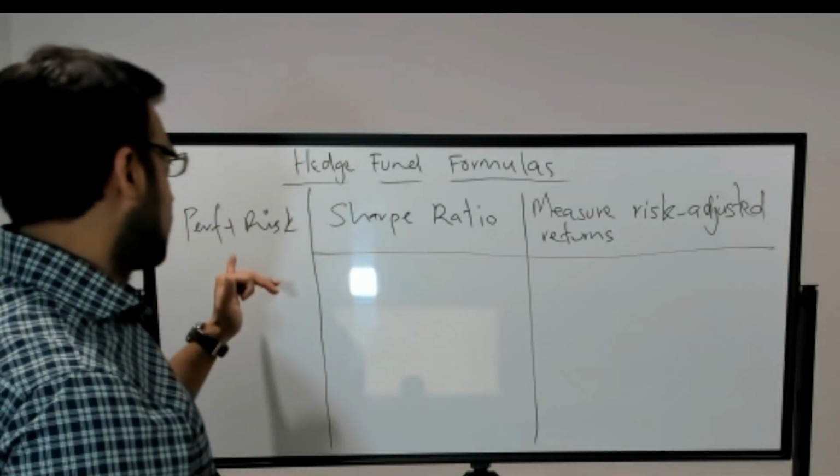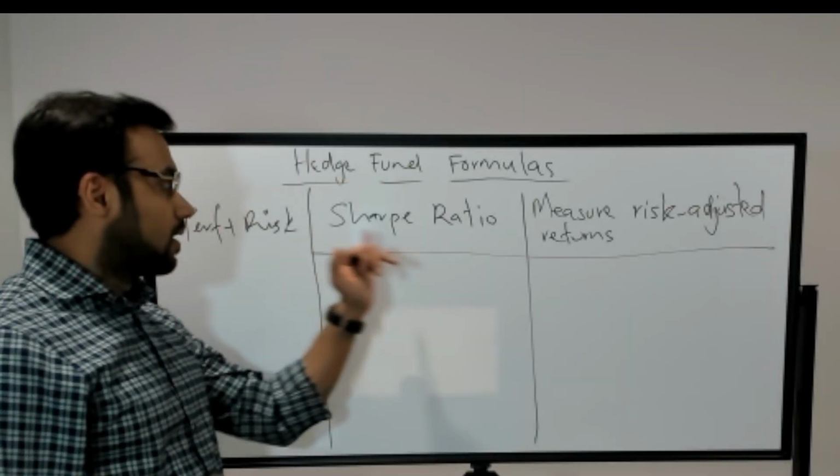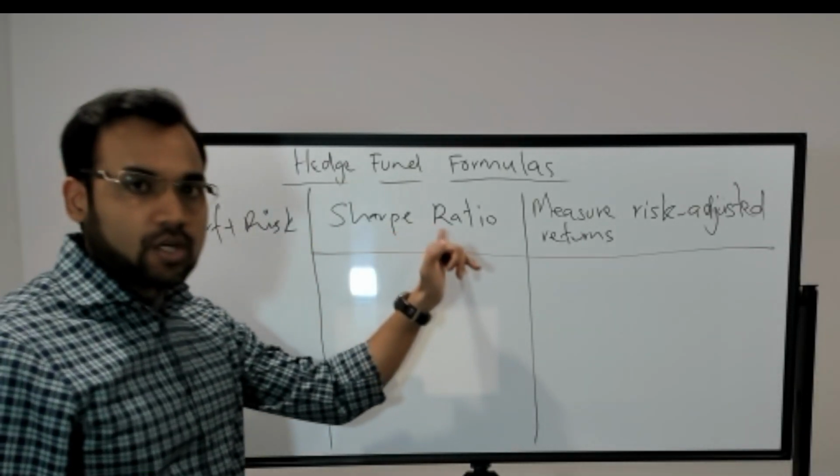So the first category is performance and risk, and the first formula is Sharpe ratio.